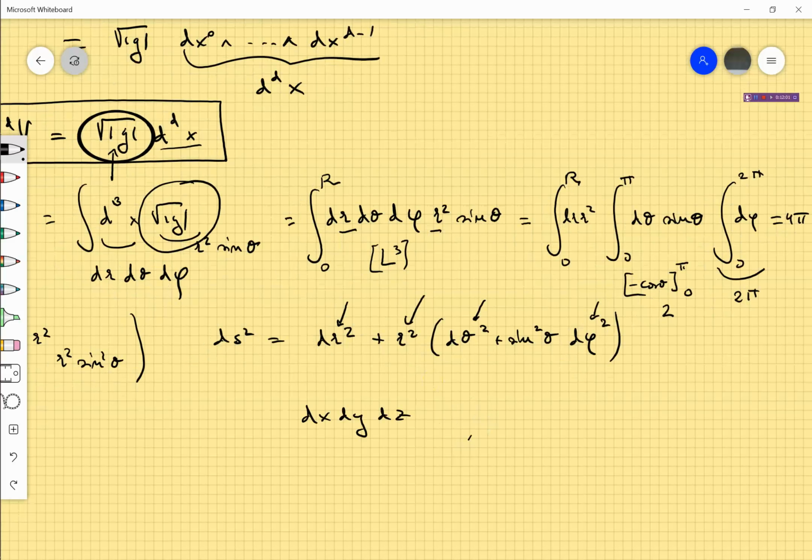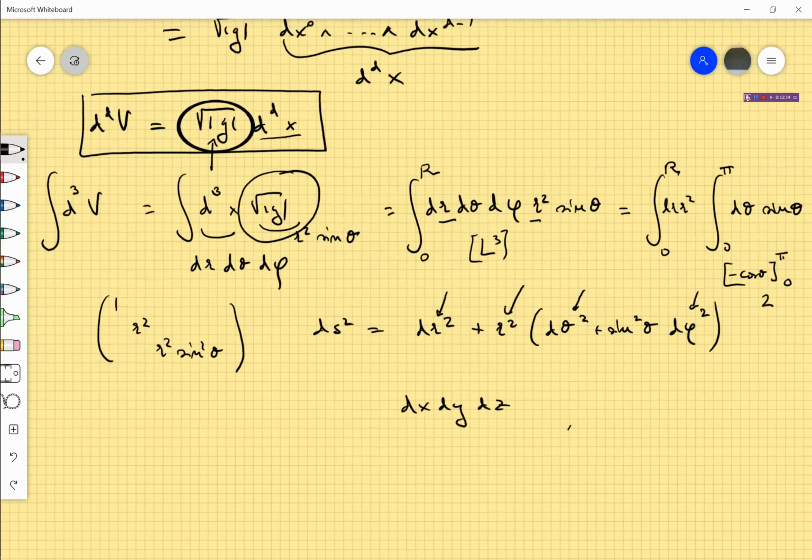But your metric may not be related to the Euclidean one, so you always have to take into account this factor of square root of g. And this is it. I think this is more or less all the differential geometry that you need to survive in this course. If something else arises, we will explain it along the way.